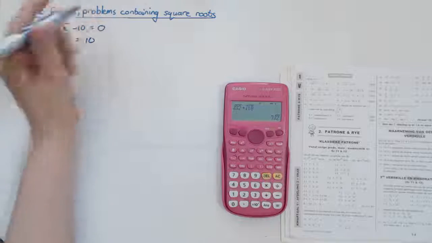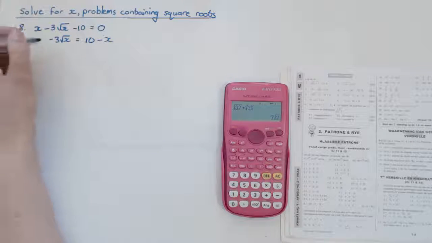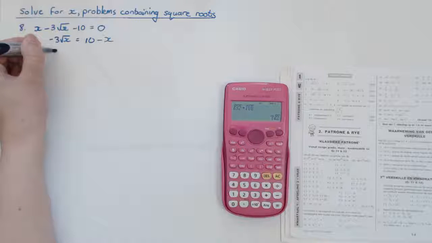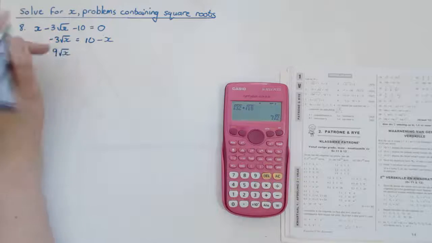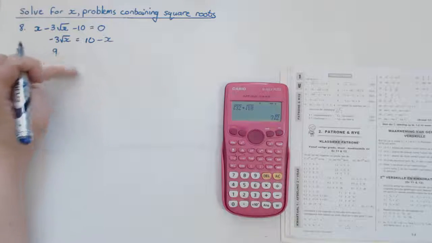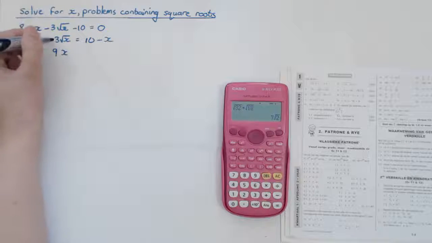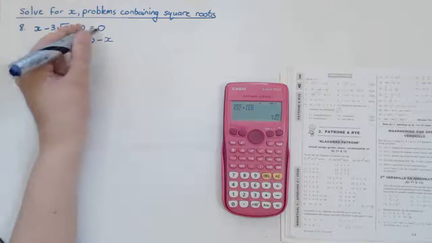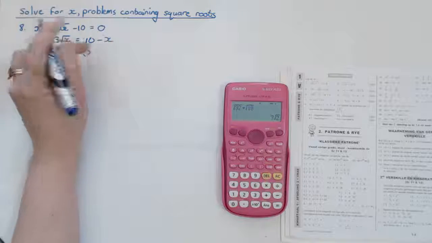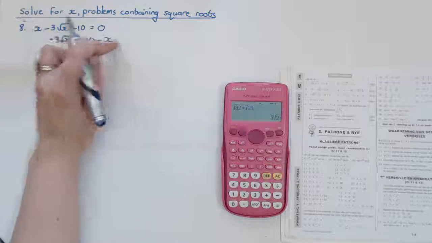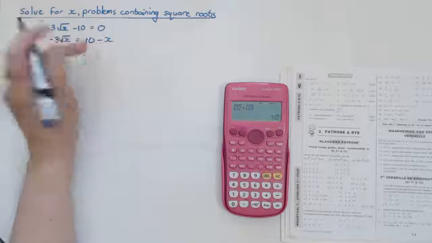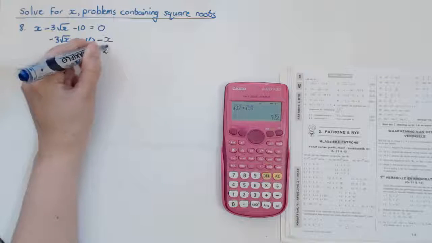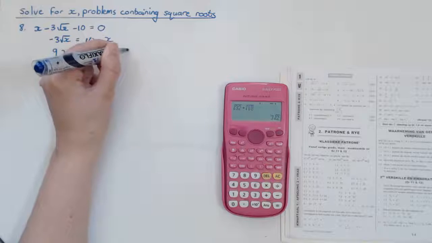So I take the 10 over and I take the x over, and then I square both sides. So this becomes 9x. I square the minus 3, it becomes 9. I square the root, it becomes x. And then if I square this, I can't just say 100 minus x squared because there's a plus or a minus. I must actually go and square it like this.